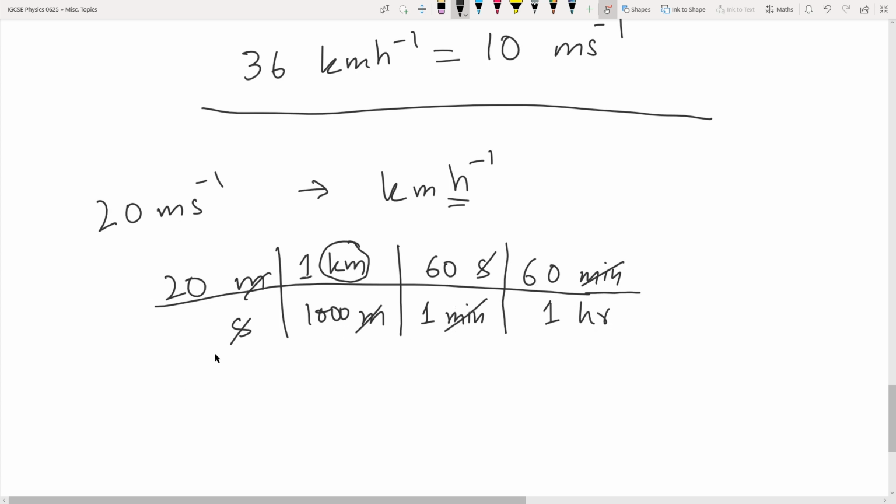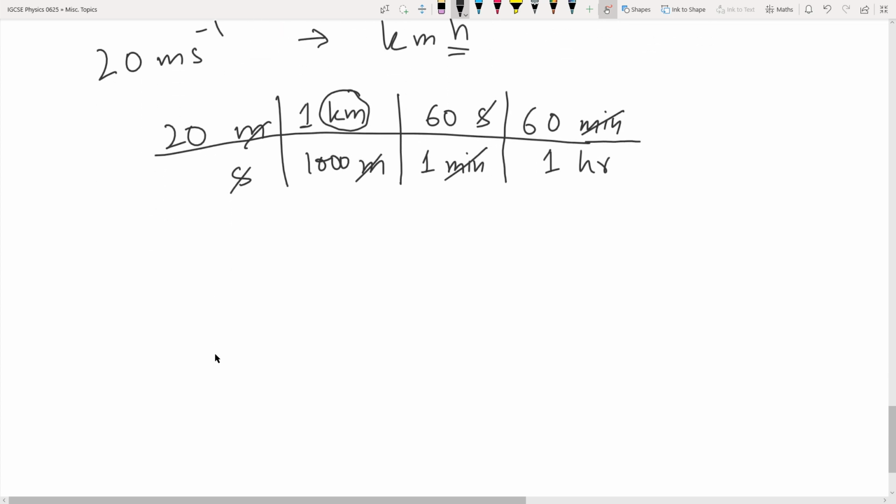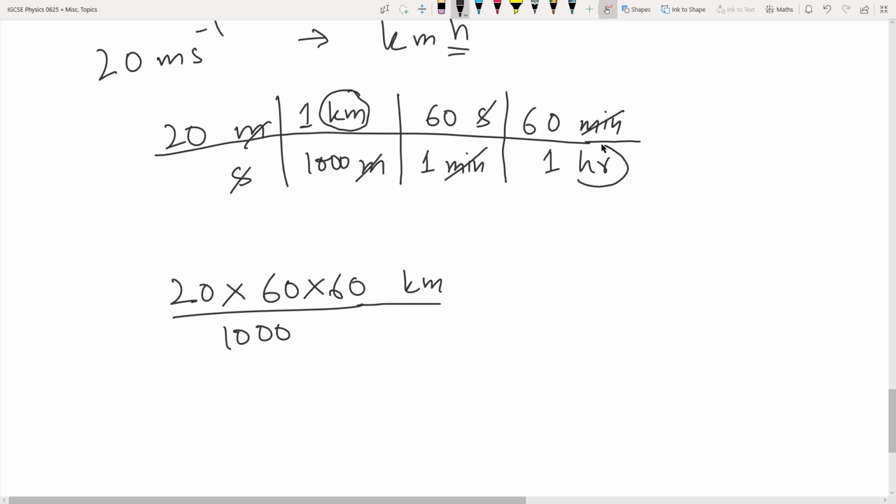The summed up value is simply 20 into 60 into 60 divided by 1000, and the units we're left with are kilometers on the top and hours at the bottom.